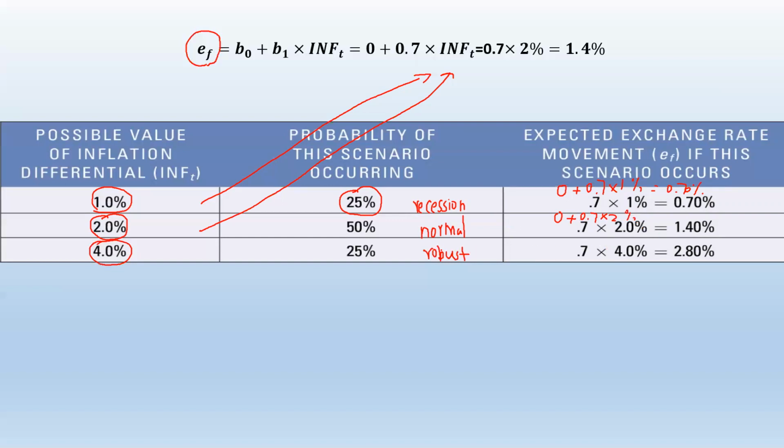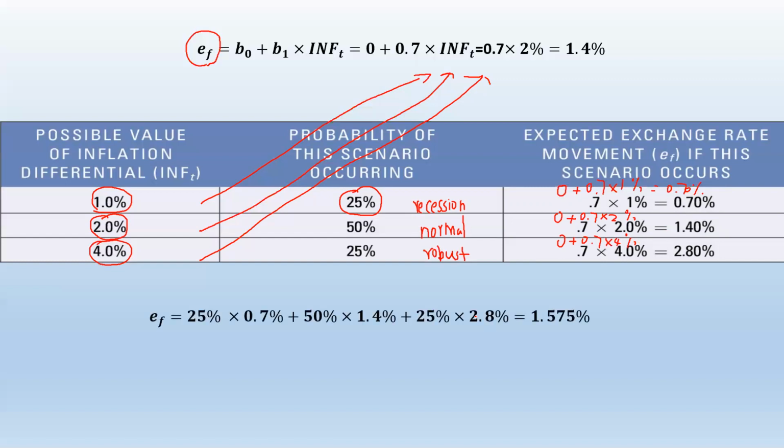And then finally, in the last scenario, when the economy is robust, the possible inflation differential is 4%, and we again plug this 4% into this model, and the expected exchange rate movement will be 0 plus 0.7 times 4%, so it's 2.8%.